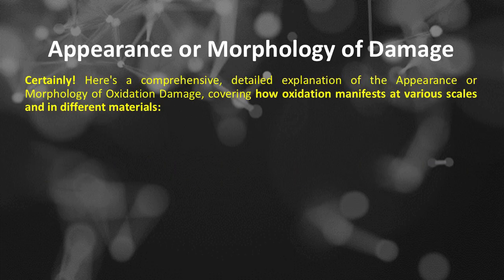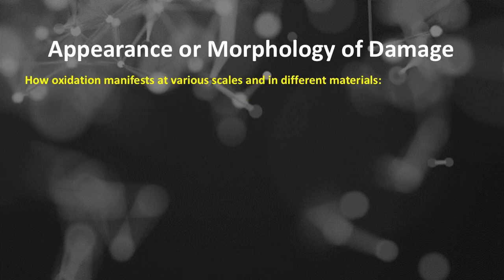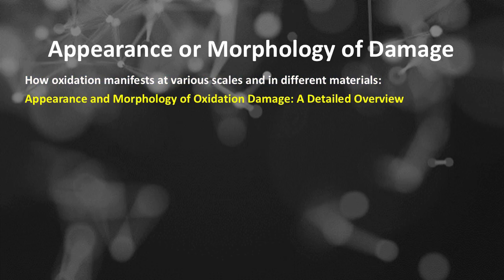Here is a comprehensive, detailed explanation of the appearance or morphology of oxidation damage, covering how oxidation manifests at various scales and in different materials. Appearance and morphology of oxidation damage, a detailed overview.